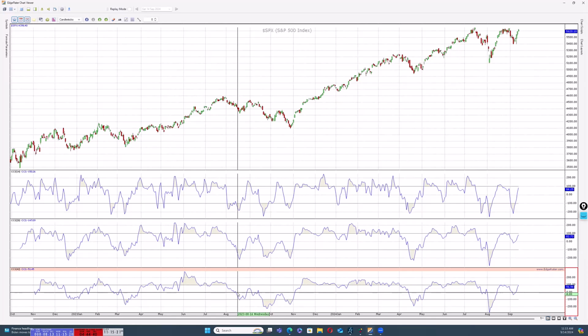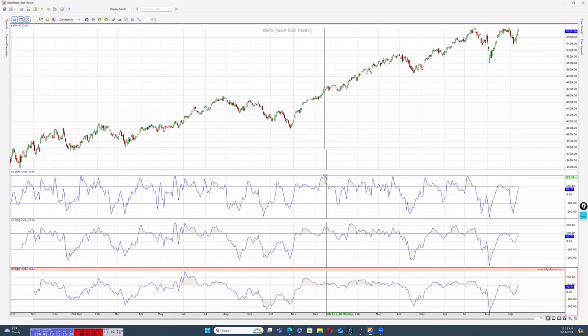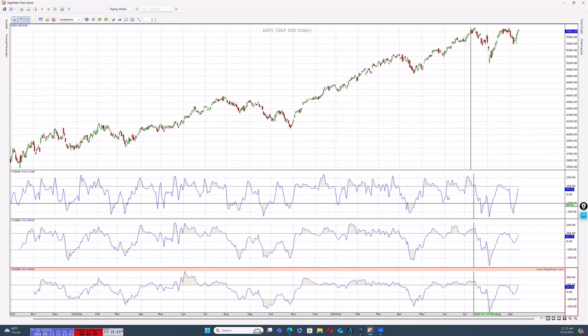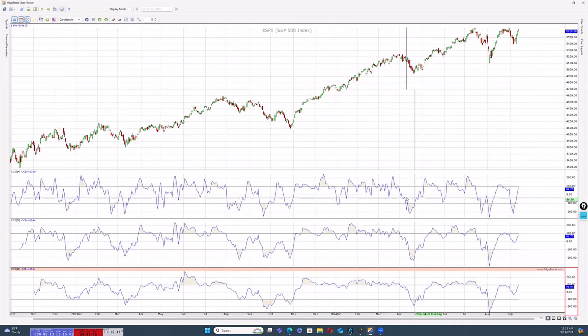And as a trader, I want to see more participants in what they're doing. I'm sort of looking at the mob to try to see what they're doing. So all I'm interested in is not looking at the extremes here. I just want to see what's bullish and what's bearish in the market.